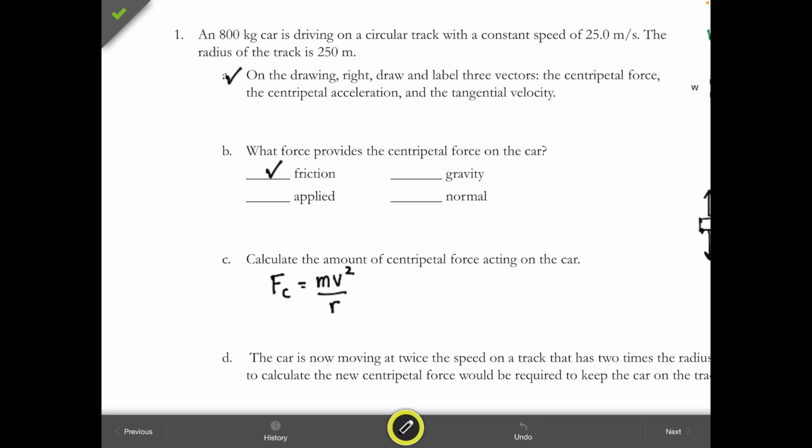We could use a net force equation, but this one makes more sense to me because I'm given the mass of 800, the speed of 25, and the radius. This is calculating me the value of the friction force. If the friction force is not at least 2,000 newtons, then the car is unable to make this turn.